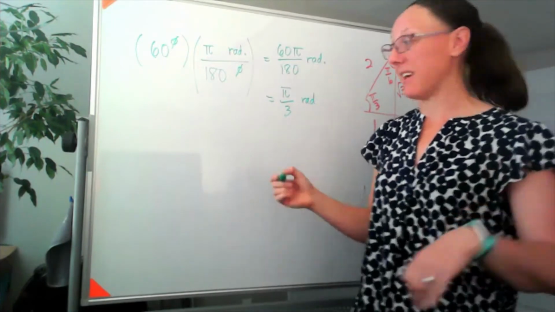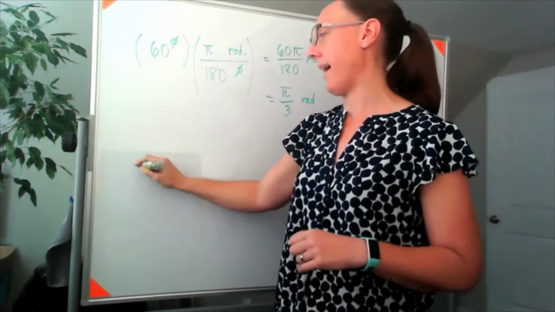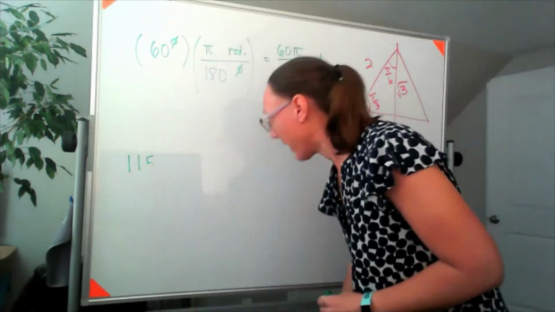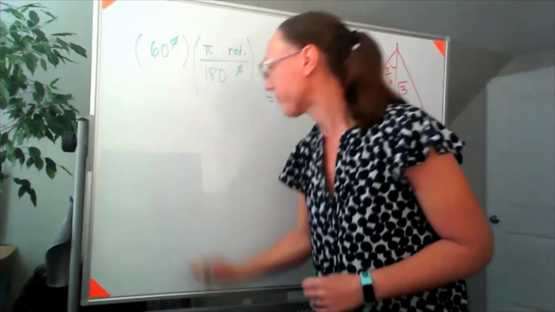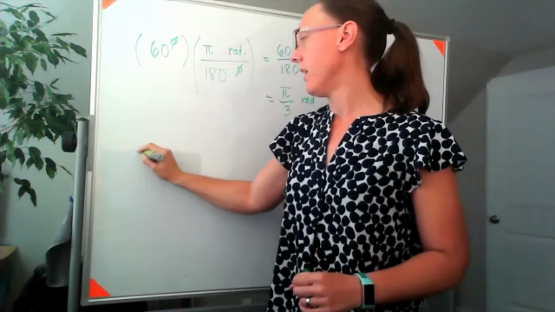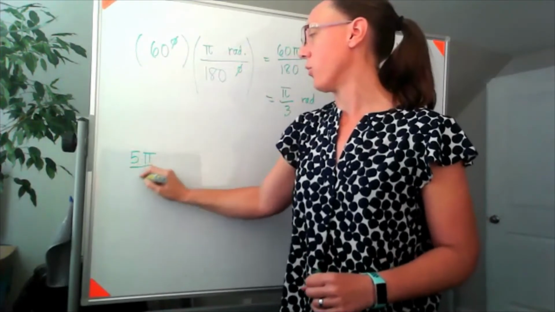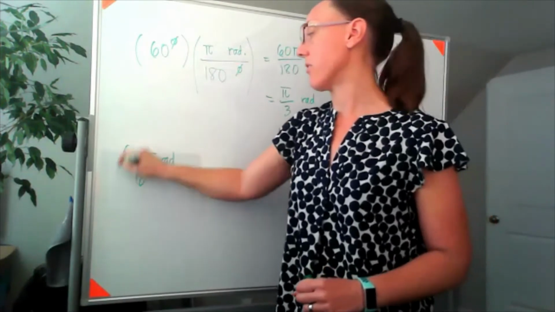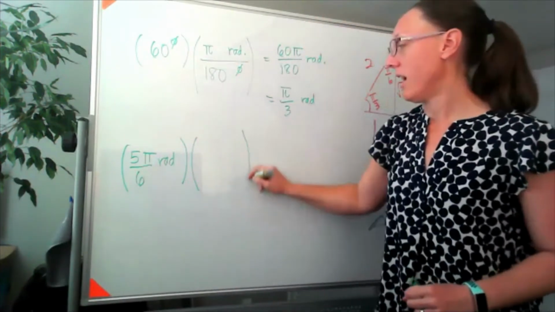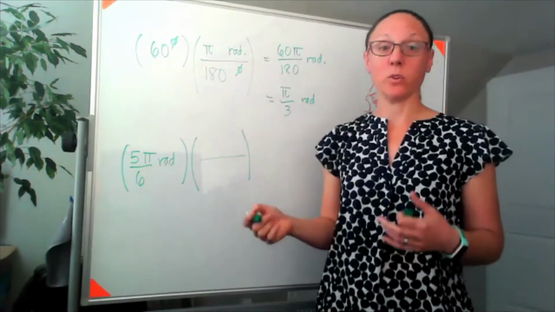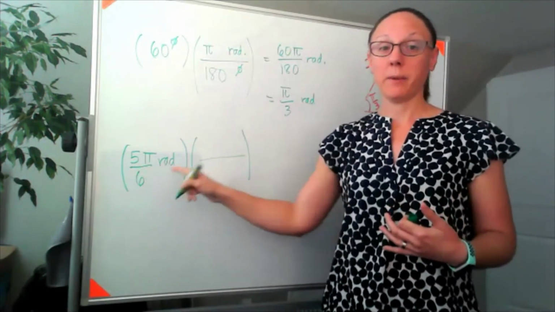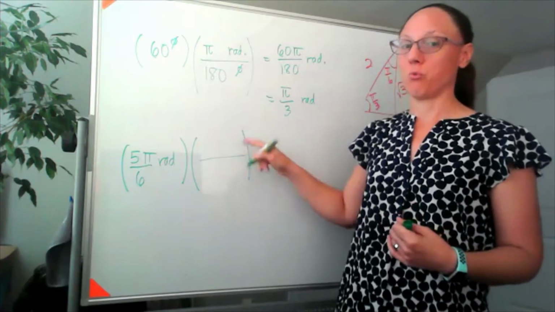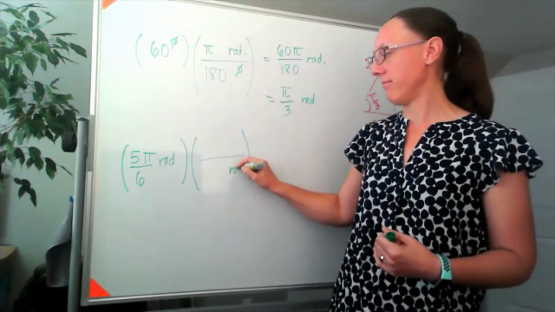If I had to go back the other way, let's say I had 5 pi over 6 radians, and I need to convert that to degrees. I'm going to multiply by a ratio that's equivalent to 1. Because I need those radians to cancel out, I'm going to put radians in the denominator.